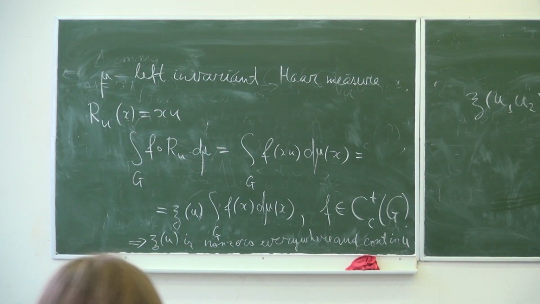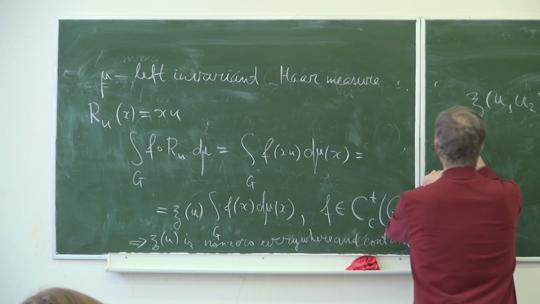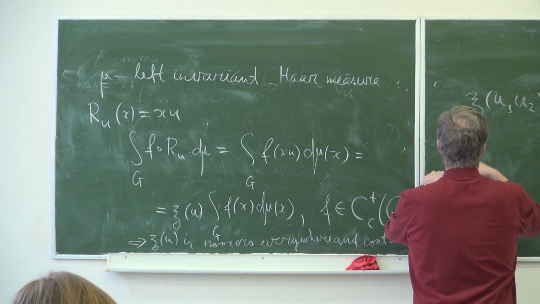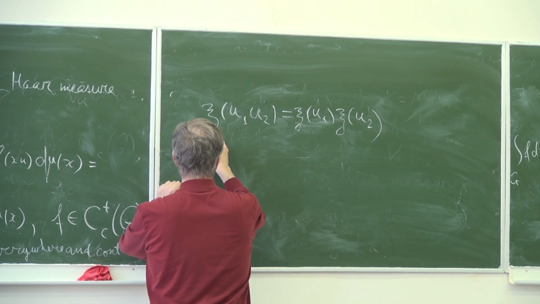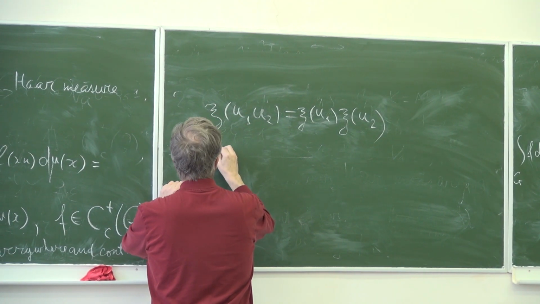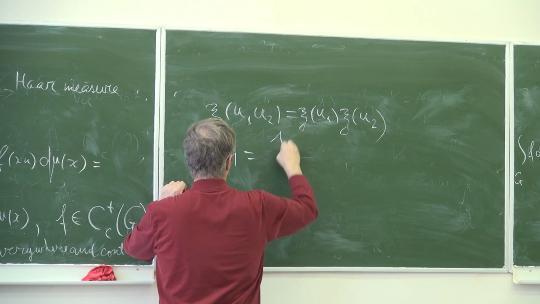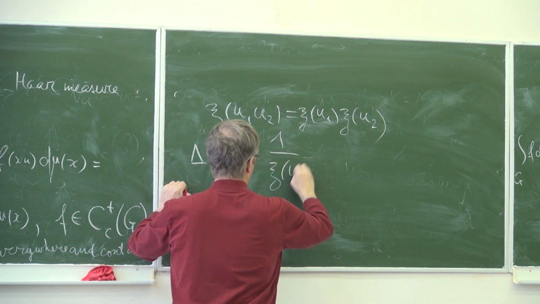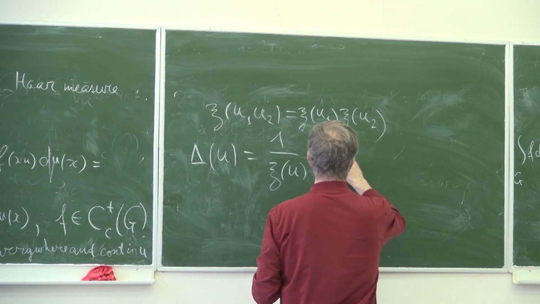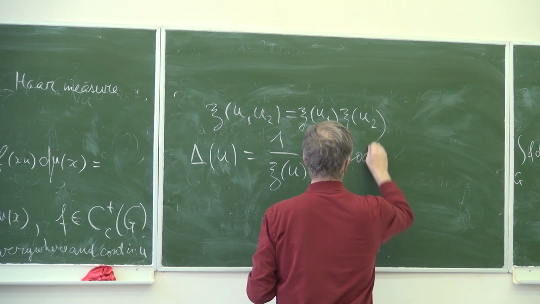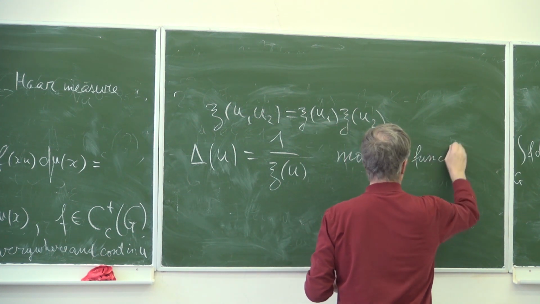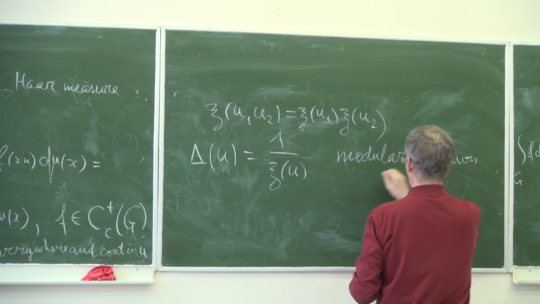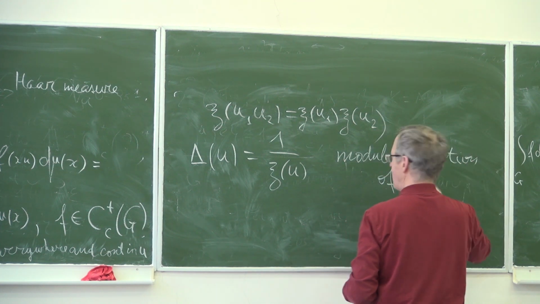Well, very often the inverse function, I mean 1 over xi, is called the modular function of g.